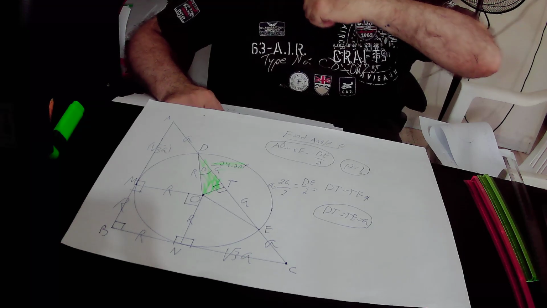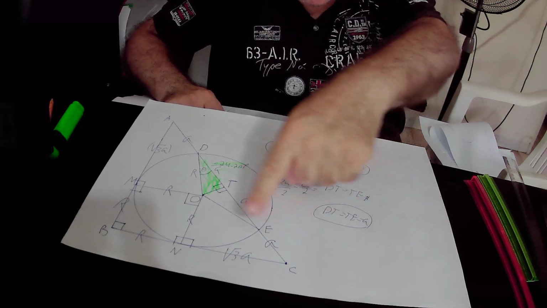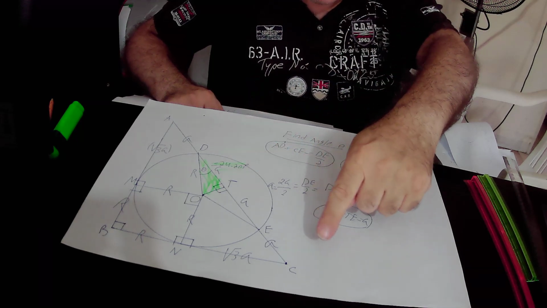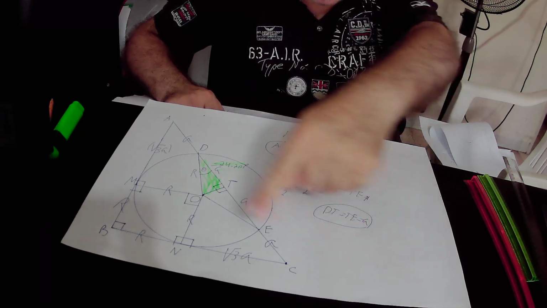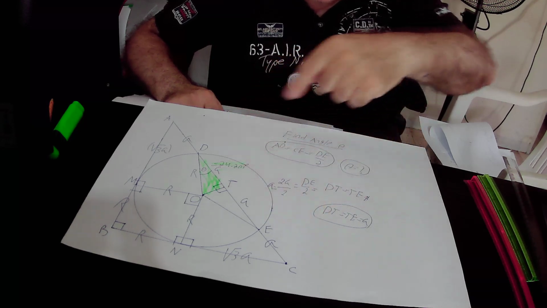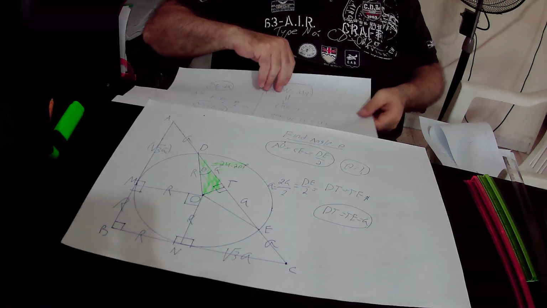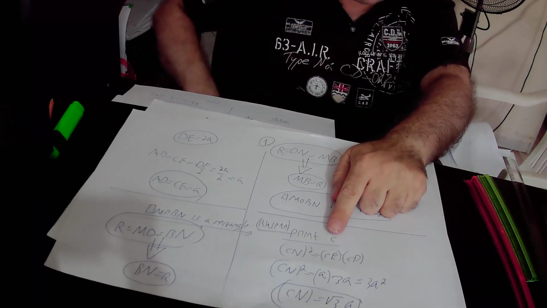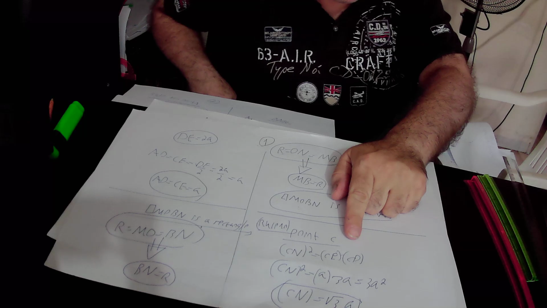According to rule number 10, CN squared, that is the square of tangent CN, equals CE times CD.